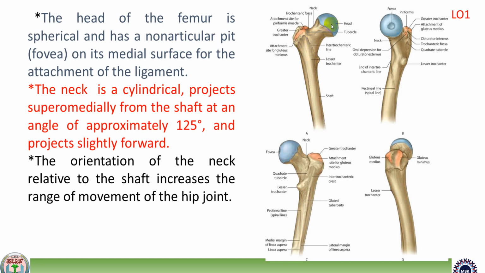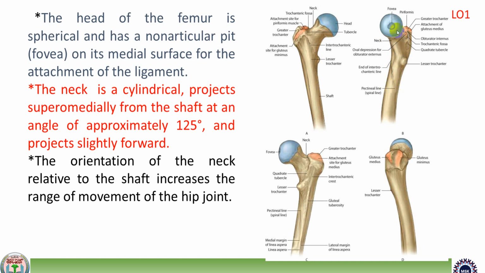In the anteroposterior plane there is an angle between the neck and shaft called the neck shaft angle, and it has a normal degree. If we look from the lateral view, we see also the head and neck have an angle with the shaft. If you look, you see the head and neck oriented anteriorly in comparison with the shaft.